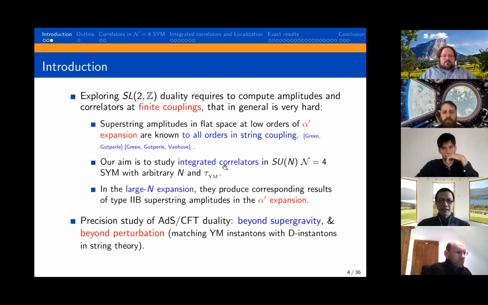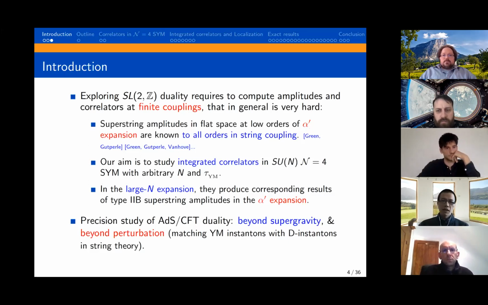As my title shows, our goal is to study the correlator. We will try to study the correlator for arbitrary N, where N is the rank of the gauge group, and for arbitrary coupling. Sounds a bit too ambitious, and we will see. And in the large N expansion, as I said, AdS/CFT duality tells us that this will be related to the alpha prime expansion of the string amplitude.